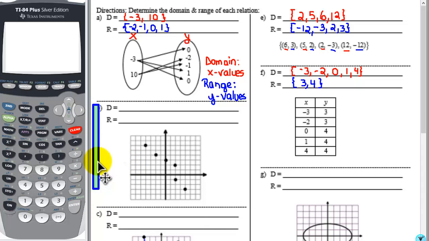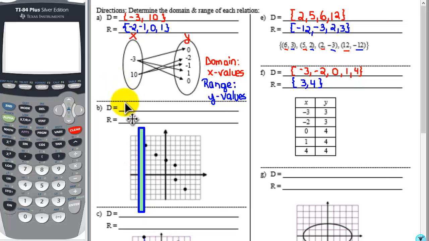Basically here what we're going to do is imagine our vertical line and I'm going to be moving across. And remember, domain is the x value, so I'm paying attention to this x-axis. And as I move my vertical line, every time I will stop the vertical line at one of the points, and I'm going to find the x value for that point, and that's going to form my domain.